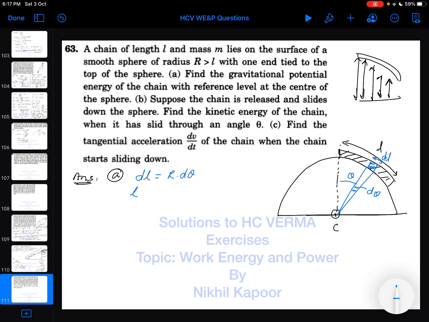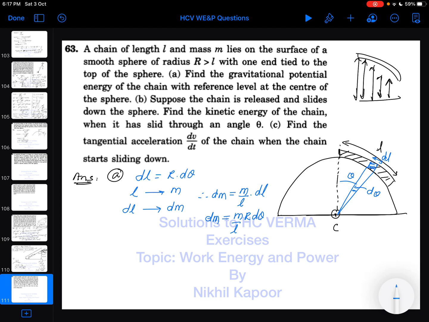While the length L of the chain has mass m, what should be the mass dm of the dl part of the chain? By the unitary method, it will be m by L into dl, where dl is r d theta, so it will be m by L into r d theta, and we have got the mass of the element.